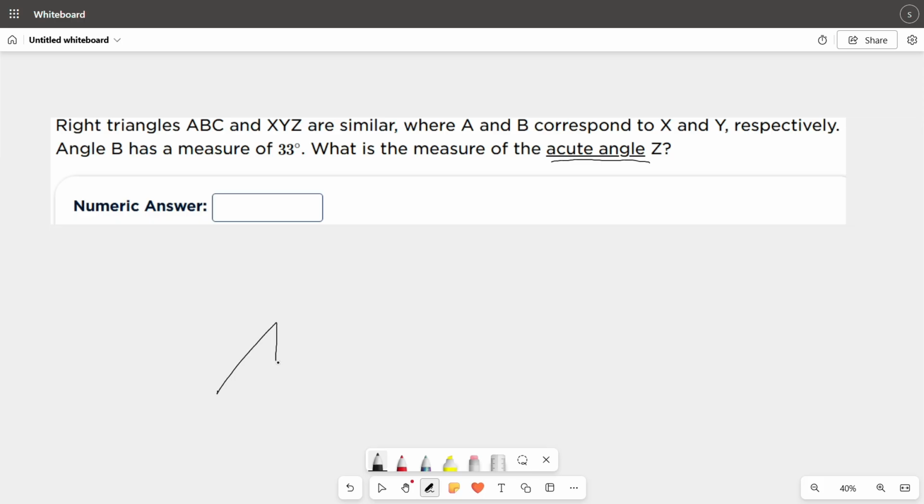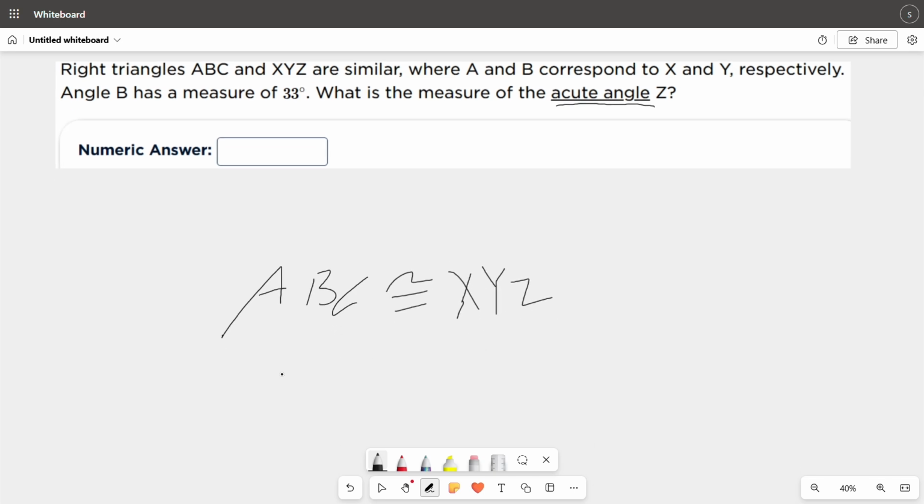So let's take a look at this. ABC is similar to XYZ, and we know that A and B correspond to X and Y. So let me draw that out.